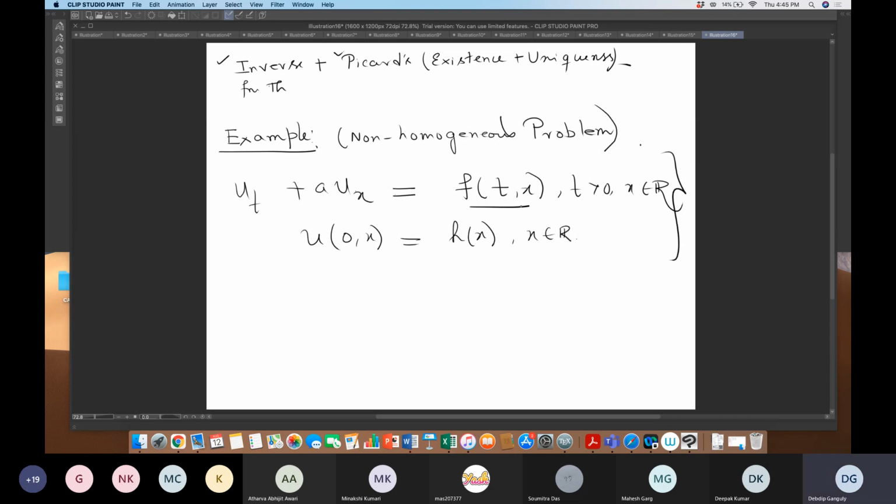Instead of 0, now we have a function f(t, x). What will we do? Who will solve this? If we do the same process, what will be the resulting equation? Anyone?